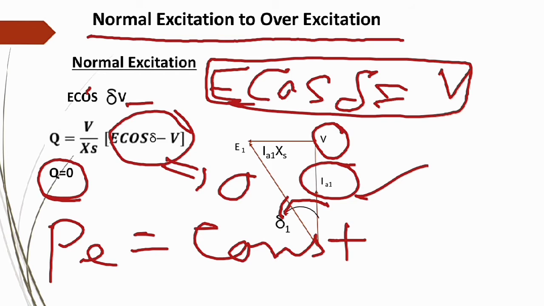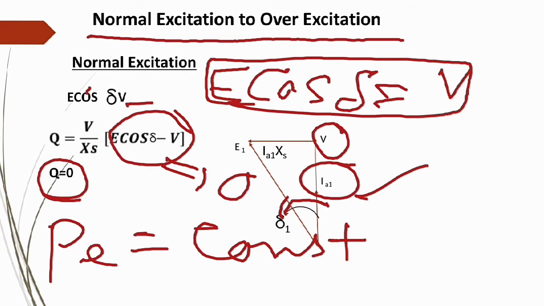In my previous no load condition, in normal excitation the alternator is floating, that means it neither absorbs nor supplies reactive or active power, floating with the infinite bus.